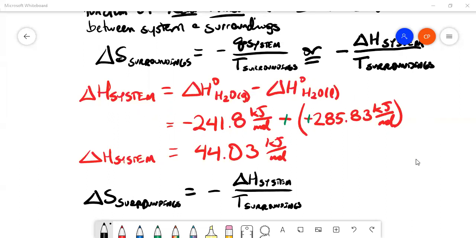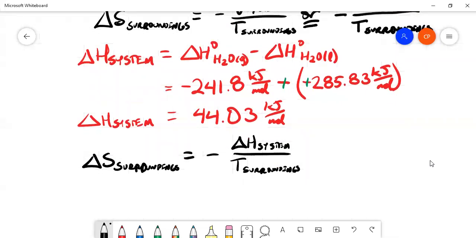But remember, I can't do this in degrees Celsius because the units of delta S are joules per Kelvin or joules per mole per Kelvin. So instead of saying 17 degrees Celsius, what I need to say is 290 Kelvin. Or if I really wanted to be precise, 290.15 Kelvin. But 290 will do for us.